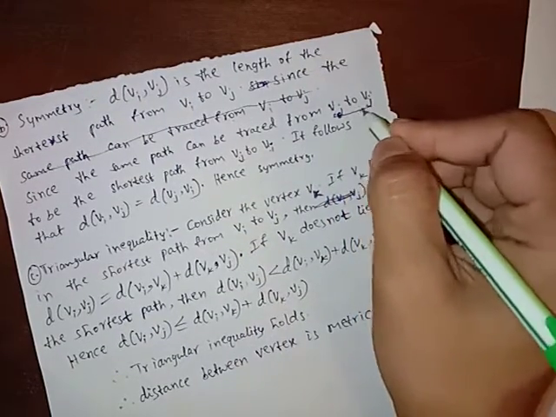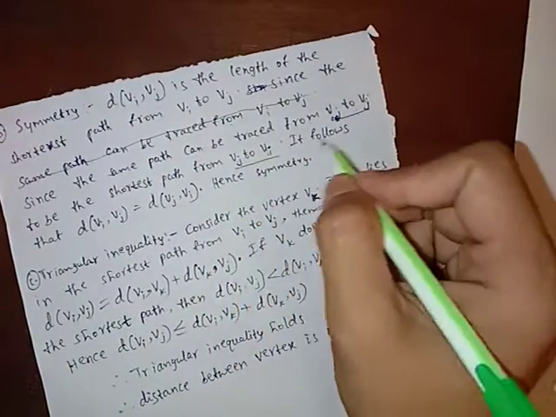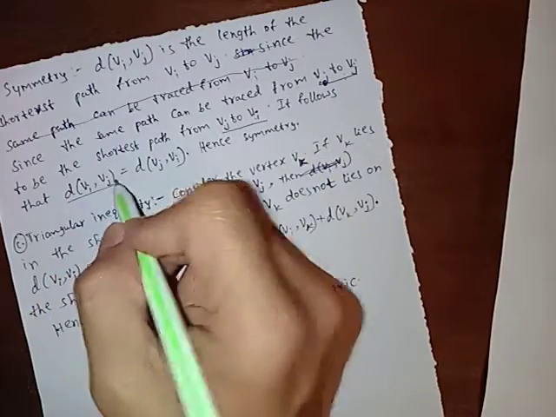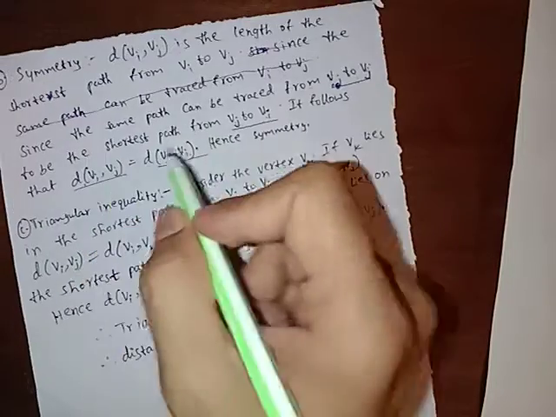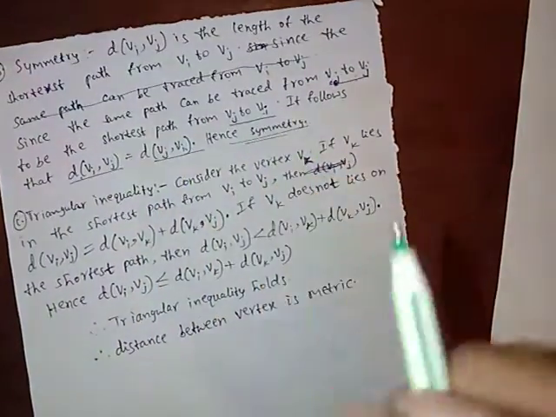Vi to Vj is the same as Vj to Vi. It follows that the distance from Vi to Vj is equal to the distance from Vj to Vi. Hence symmetry follows.